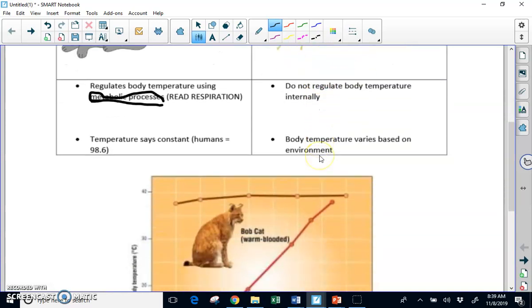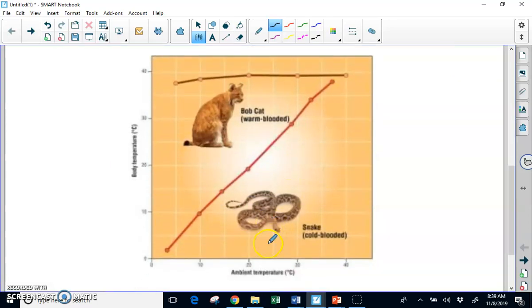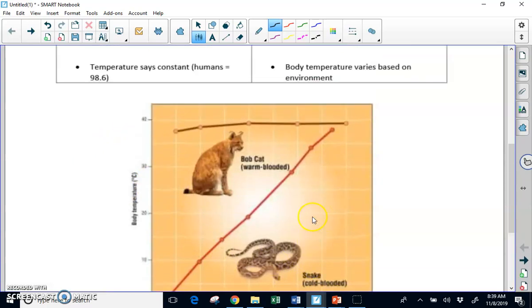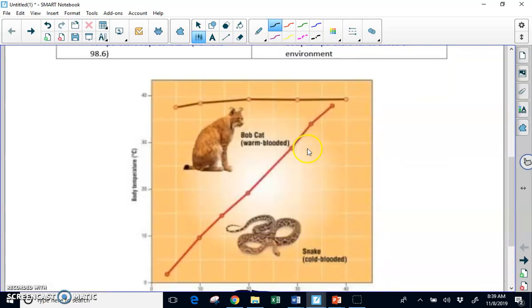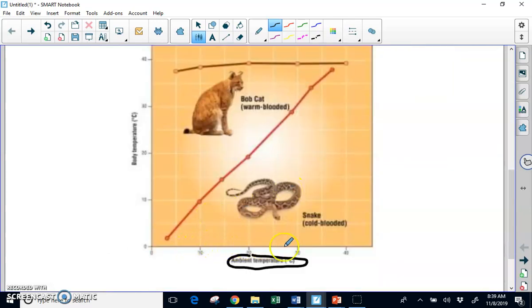This graph at the bottom sort of displays this. At the bottom of the graph is the ambient temperature, which is the temperature outside, and on the y-axis is the body temperature of the organism. The snake, which is cold-blooded, an ectotherm, you can see that as the temperature of the environment increases, the body temperature of the snake increases linearly. They're basically the same.